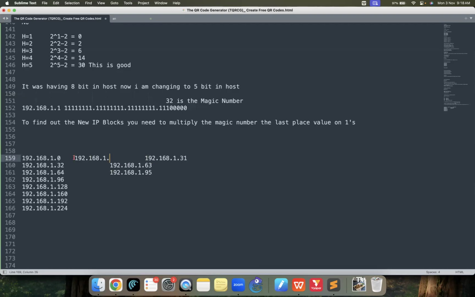The first host IP is 1.1, last is 1.30. Here the first IP is 1.33, last IP is 62. First IP is 65, last IP is 94. So now I got 30 IPs in each block.